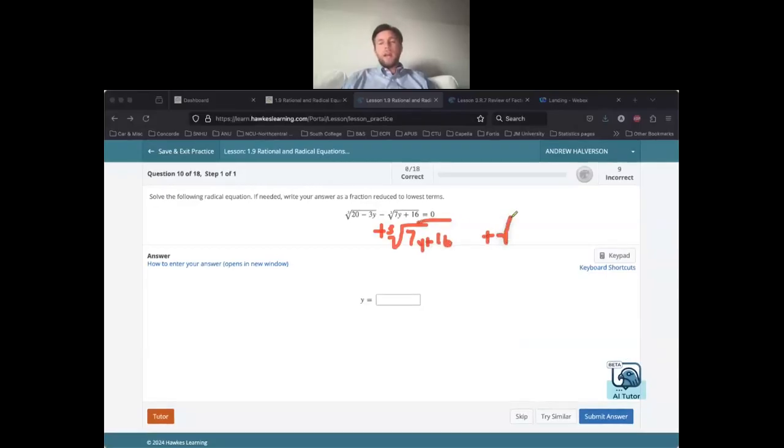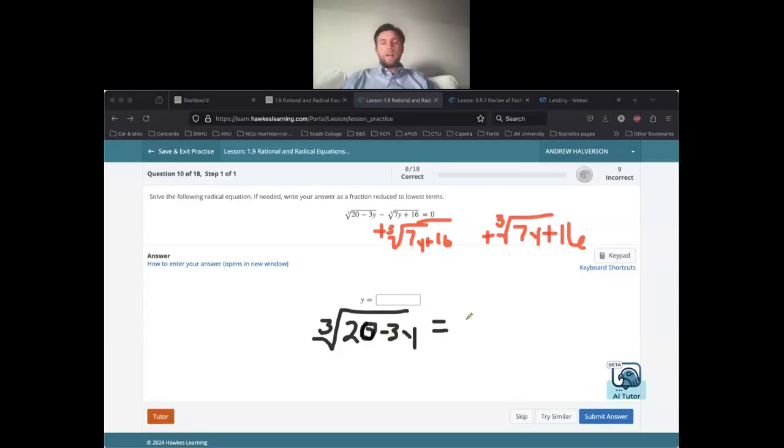So add the cube root of 7y. It's supposed to be a 7 there. You just add it to both sides. When we do that, what do we get? On the left side is the cube root of 20 minus 3y.